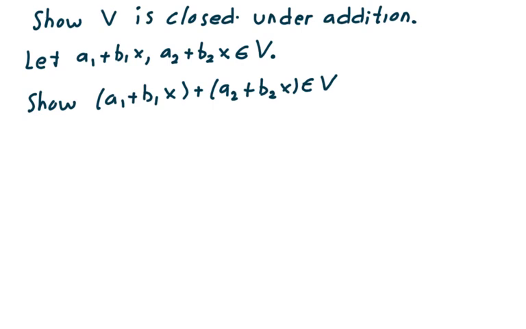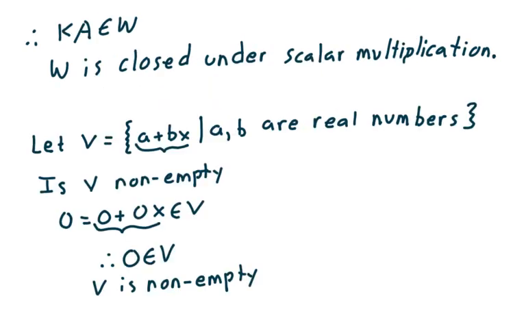Why? Because it doesn't look like this yet. To be in V, it has to look like the form a plus bx.